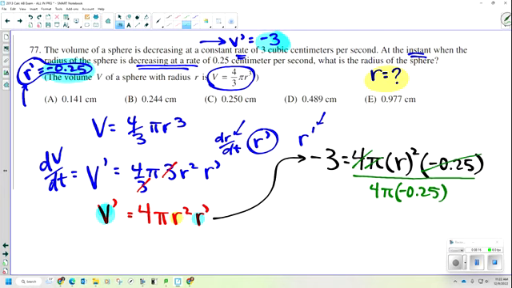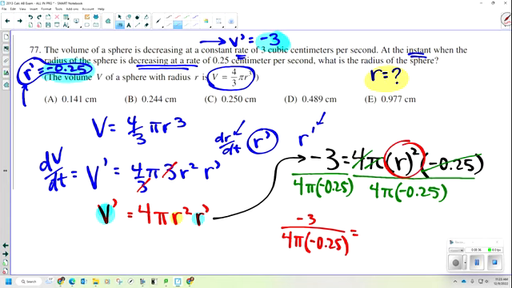What I do to one side, I got to do the other. 4 pi times -0.25, I mean, if I want to do that math out, I can. I'm just going to have the calculator do it all. But now I have -3 over 4 pi times -0.25 equals r squared.